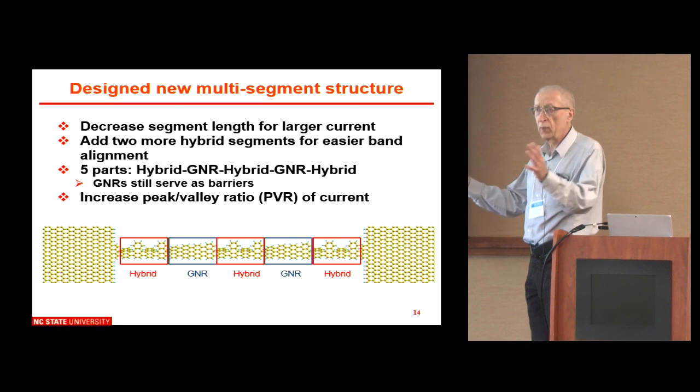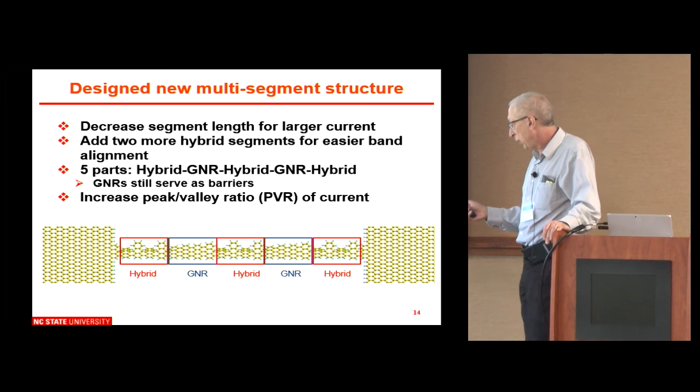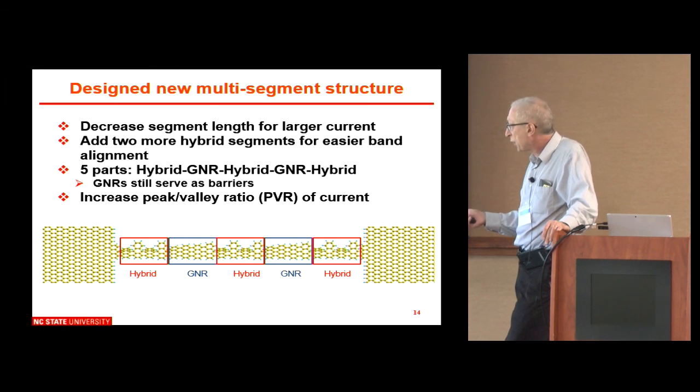We thought that we need to maintain the barriers small to get good tunneling, but we also want a large tunneling distance, so the direct tunneling does not happen. So here we have not quite a periodic structure, but multi-segment, 5 segments. Let's see how it works.